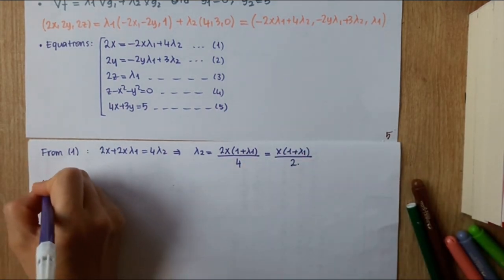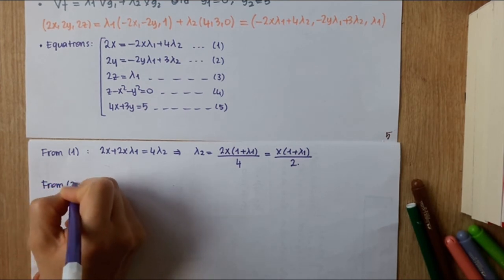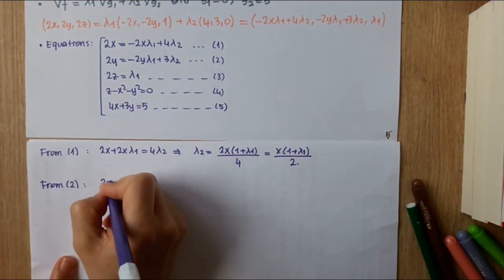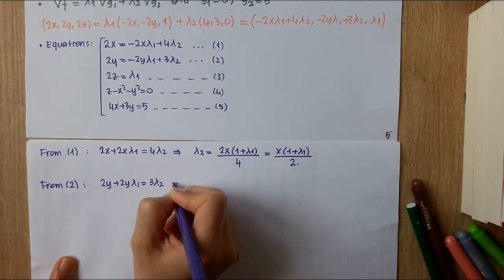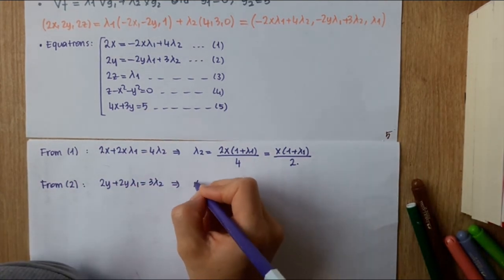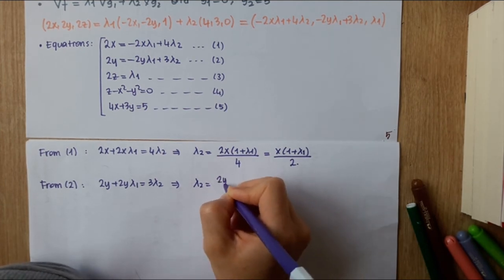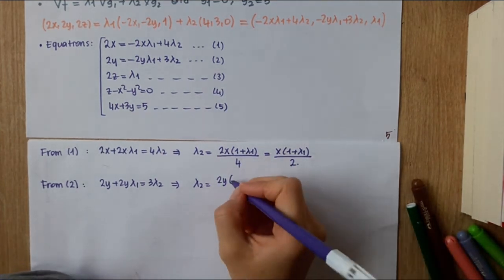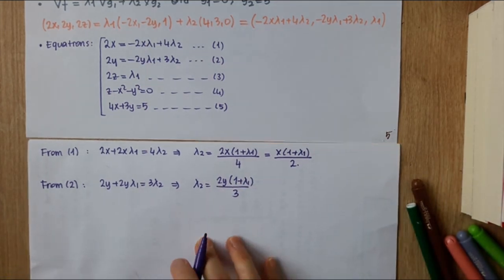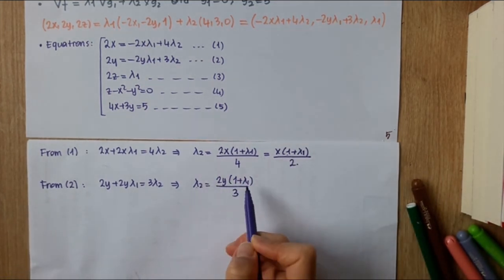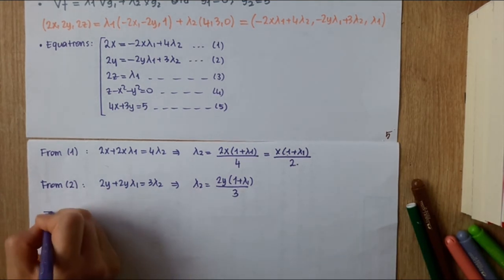And from 2, I have 2y plus 2y lambda 1 equals 3 lambda 2, which means lambda 2 equals 2y, in the common parentheses of 2y, 1 plus lambda 1 over 3. Okay, so I have lambda 2 this and lambda 2 this, so I can equate them.